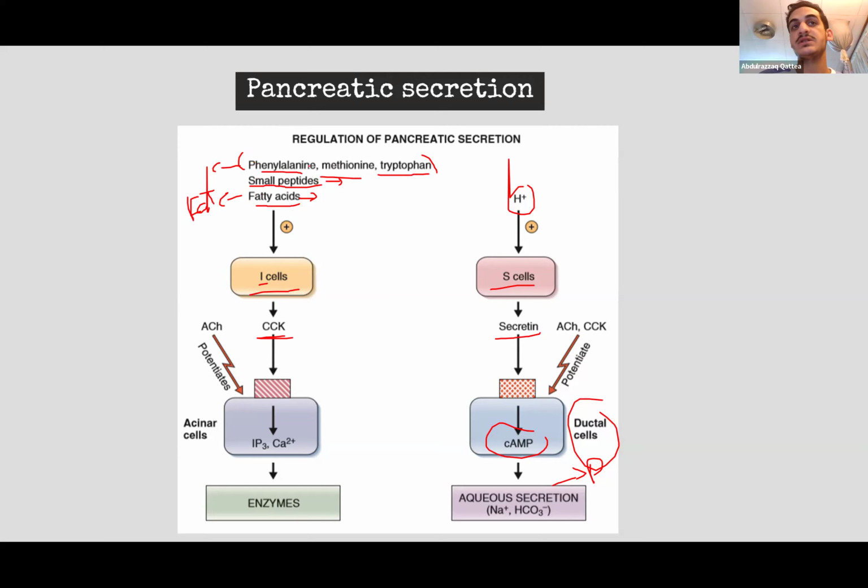So when fat and protein activate the I cells, they will secrete CCK. And the CCK will go and release calcium by a signaling pathway, and the calcium will go and secrete all the enzymes that we need from the acinar cells.